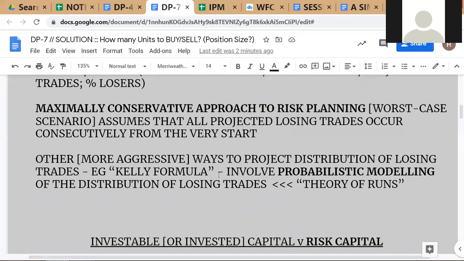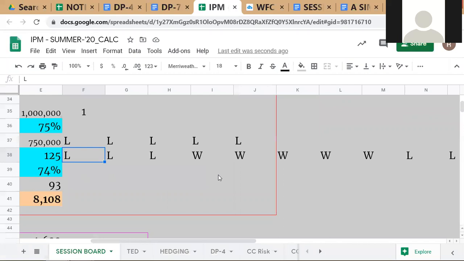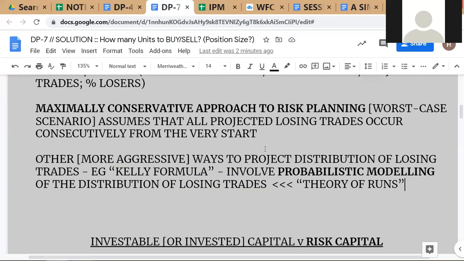But understand that with all kinds of probabilistic modeling, there is no guarantee that the answer will be correct, because you may end up being too aggressive. So that is always a risk.